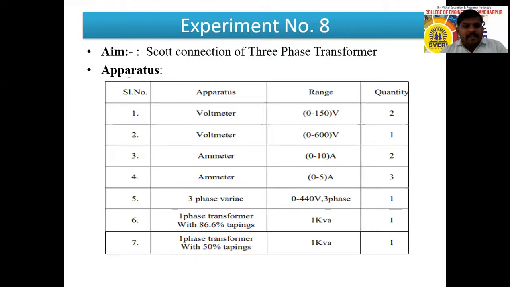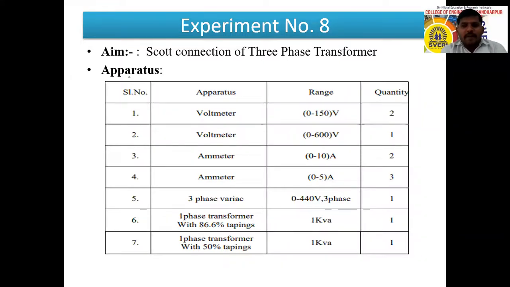The apparatus required for performing this Scott connection: it is one type of connection of three-phase transformer, in which we are using two single-phase transformers. A three-phase transformer can be made either by combining three single-phase transformers, or by combining the core and magnetic circuit to make one three-phase transformer.